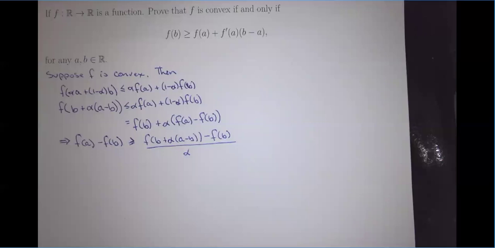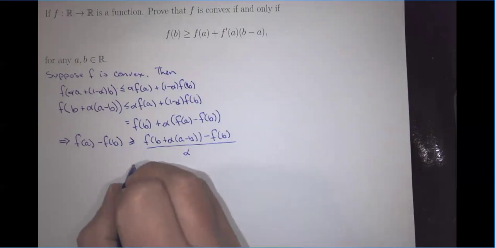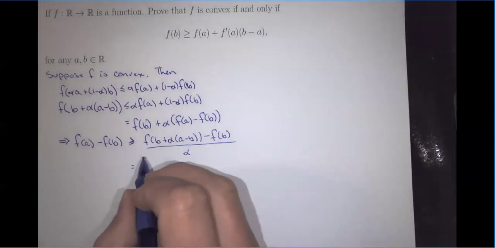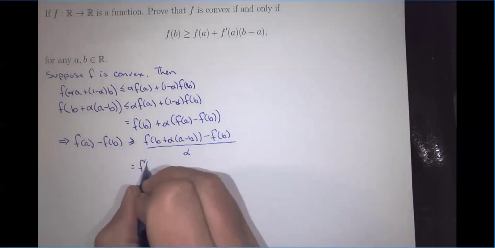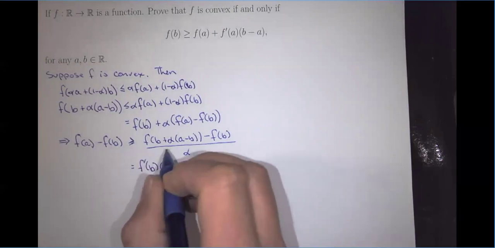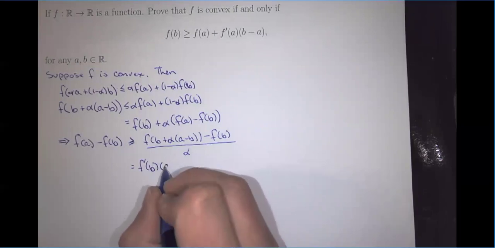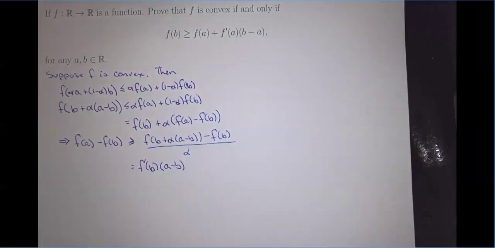Now, of course, this is for alpha in 0, 1, but if we take alpha to get quite small, then what we find here is that this is equal to f prime of b times a minus b by the chain rule.